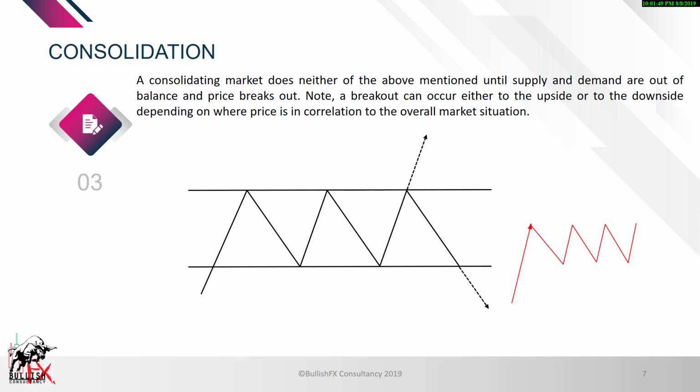Then when it breaks out of the channel to the upside, when it breaks out of here, this is a much better setup to trade than when the market breaks out to the downside.